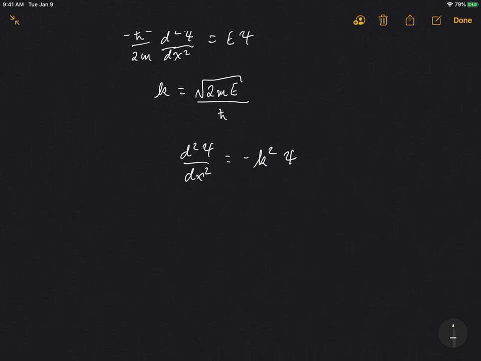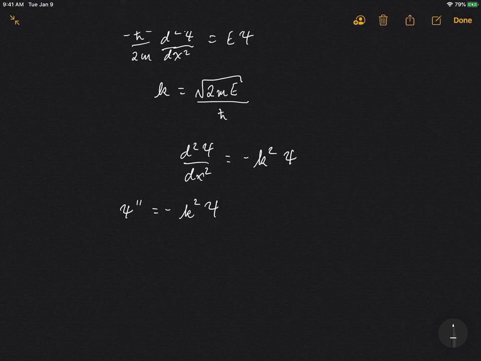In other words, in typical differential equations notation, we say psi double prime is equal to minus k squared psi.